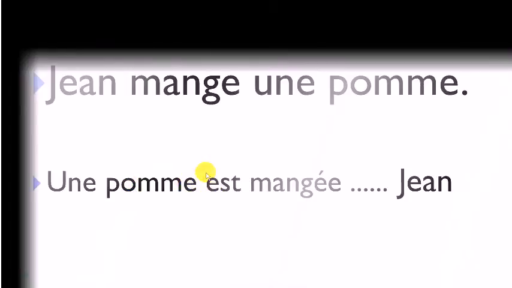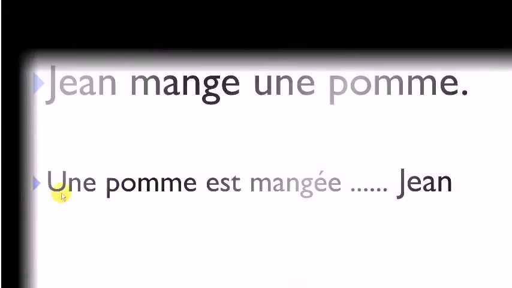Une pomme est, so the verb être at the present form, because here we've got a sentence at the present form. Mangé, so as I said, you've got this accent aigu. And the important thing here is that because we construct this passive form with être, then we should, at the end of the participe passé, add something if it's feminine or if it's plural.